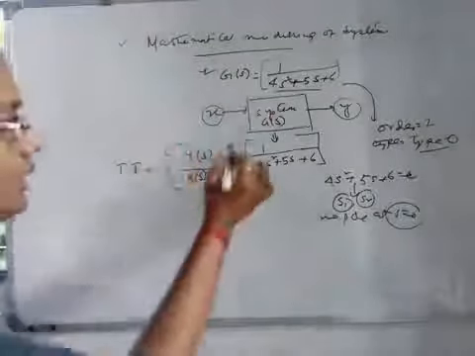So if you put it here, the value of I(s) becomes Vi(s) by R plus sL. So this is the expression for current in the Laplace domain.